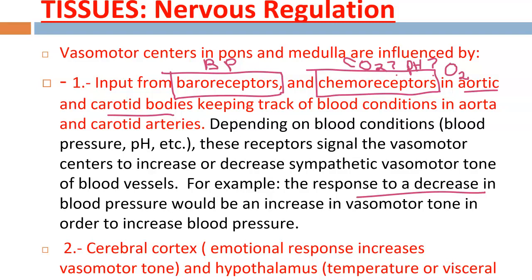Having said that, the cerebral cortex and the hypothalamus can also influence the vasomotor center. So it's not just the baroreceptors and chemoreceptors. Cerebral cortex can influence through emotional response, which typically increases vasomotor tone, makes us more tense. The temperature or visceral input and receptors may also influence vasomotor tone.